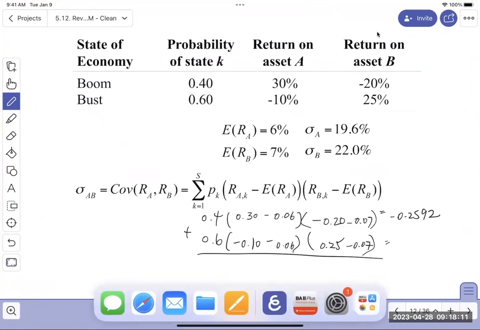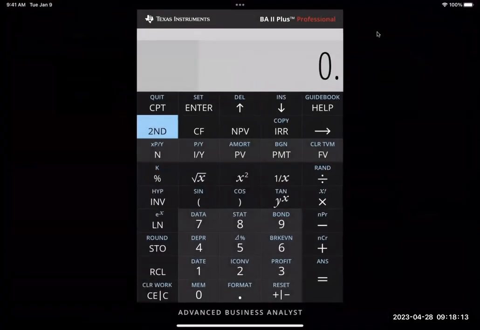And the next one, 0.6 times bracket 0.1 negative minus 0.06, close bracket, times bracket 0.25 minus 0.07, close.